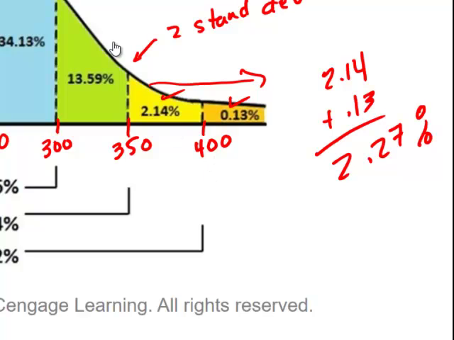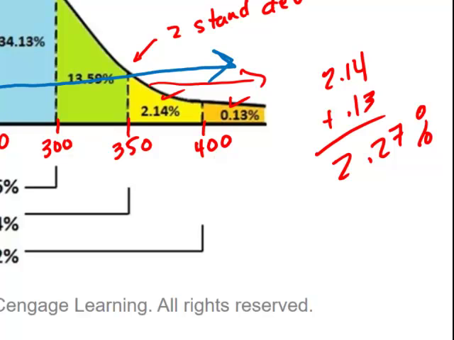So this answer to this question is I would add up 34.13 plus 34.13 plus 13.59 plus 2.14 plus 0.13%. And whatever that adds up to, that is what I would get. These are all in percent. So you just add up all of those percentages, and whatever that is would be the number of students that I would expect to score over a 200.